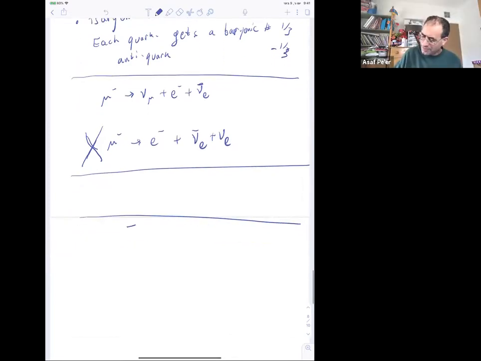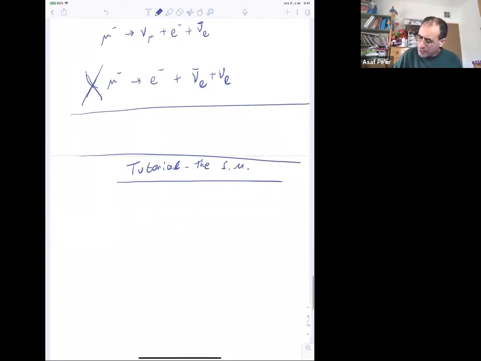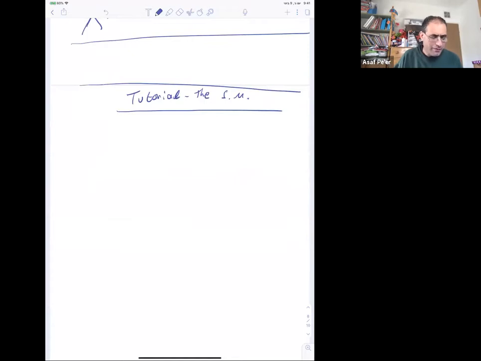So, tutorial about the standard model. As we said, in the standard model we have the particles and we have the interactions. So the particles, the particle content.